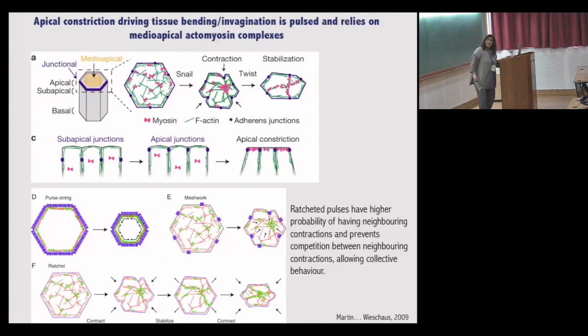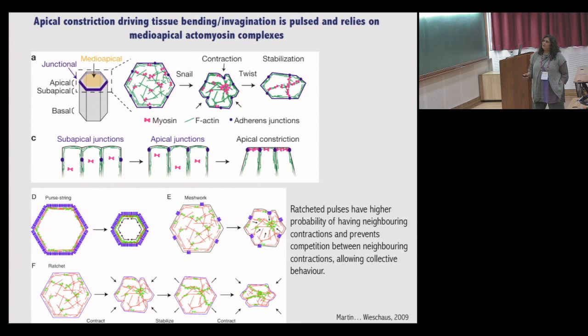And we saw that that apical constriction relies on actomyosin complexes that are located medially at the apical end of the cell. We also saw that these complexes contract in a way that's pulsatile. So we spoke of a stepped pattern of constriction associated with phases of contraction followed by phases of stabilization.